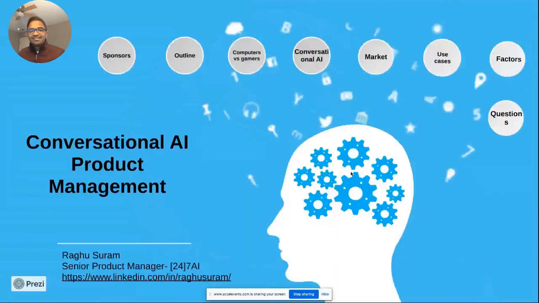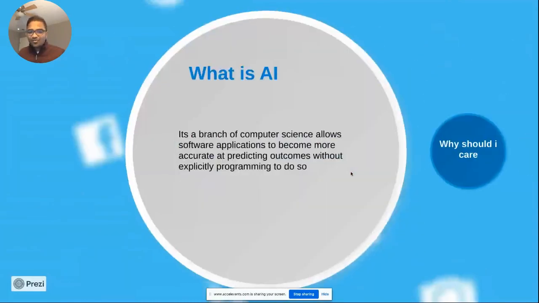With that, let's understand what AI is. I mean, we all know what AI is. It's a branch of computer science where software applications predict outcomes on their own rather than being explicitly programmed to do so. With that, you can now ask me, what is conversational AI? Conversational AI is a niche of AI that enables computers or software applications to talk to humans and also understand what humans are saying.